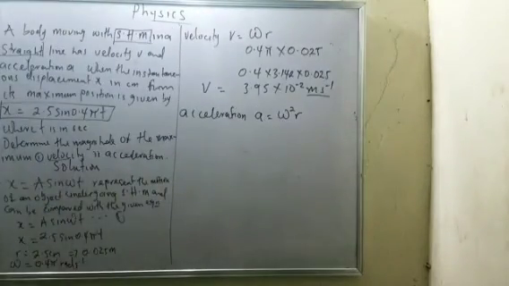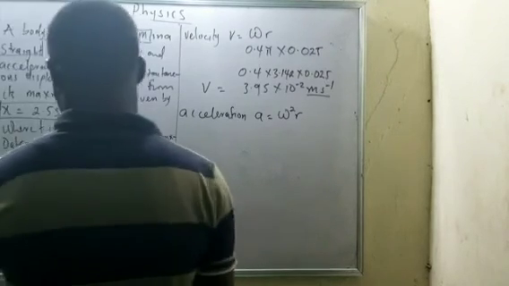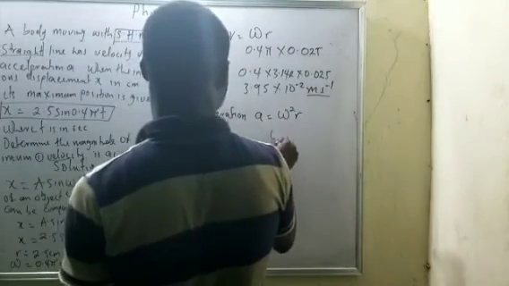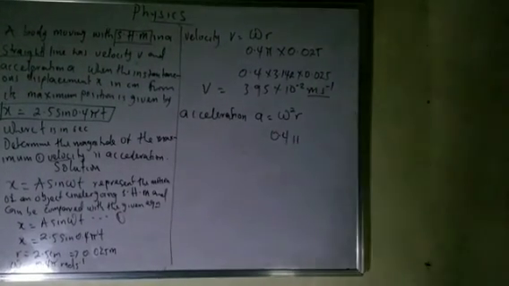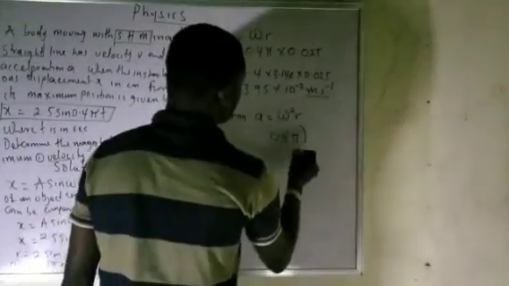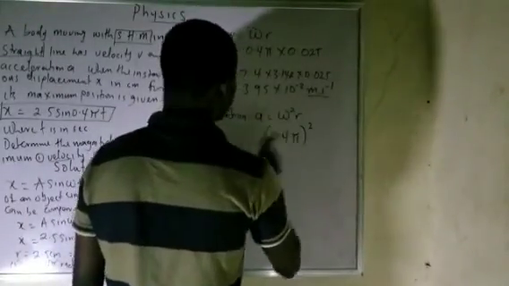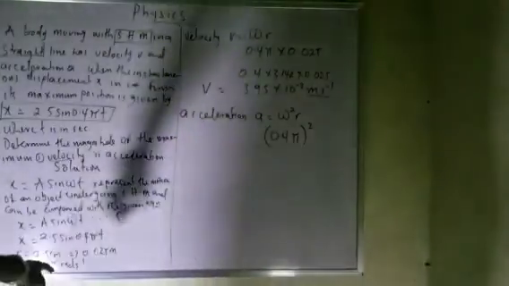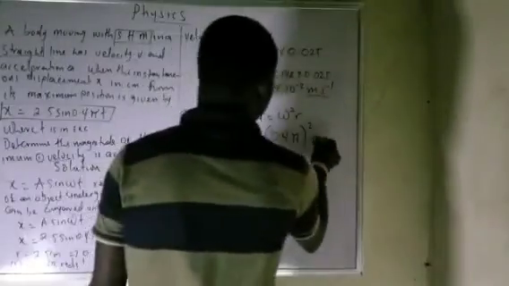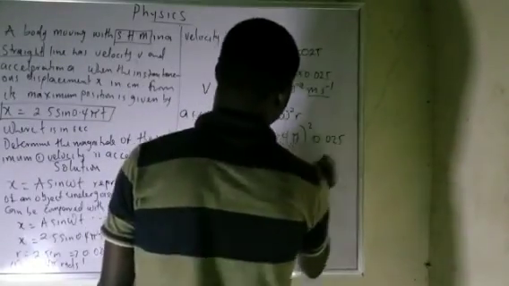From the equation listed before, my angular velocity is 0.4 pi, squared, multiplied by our radius, 0.025.